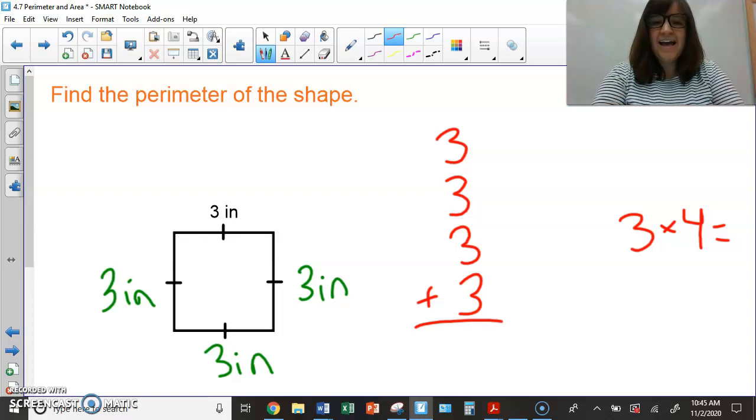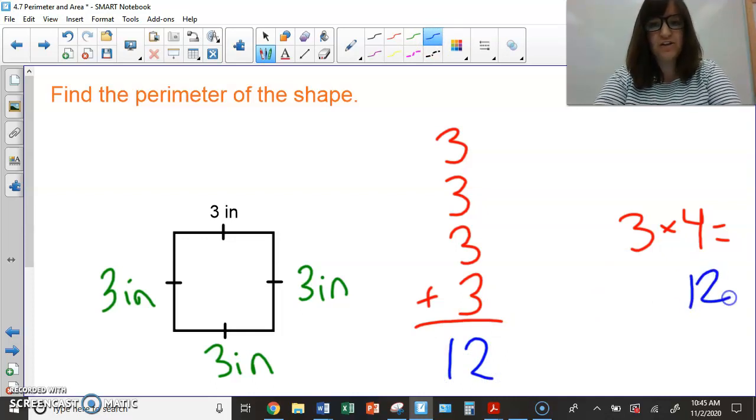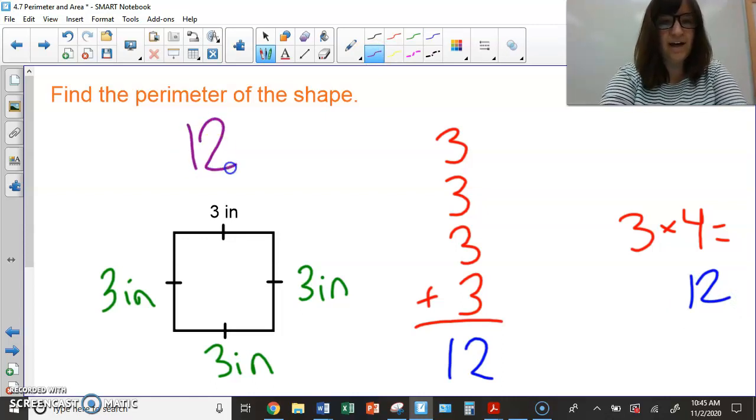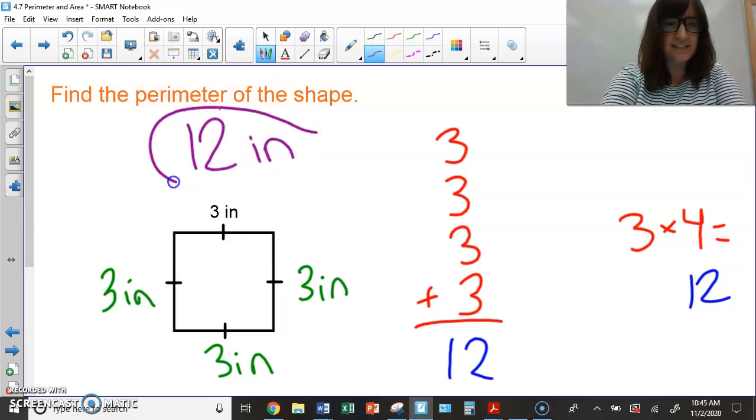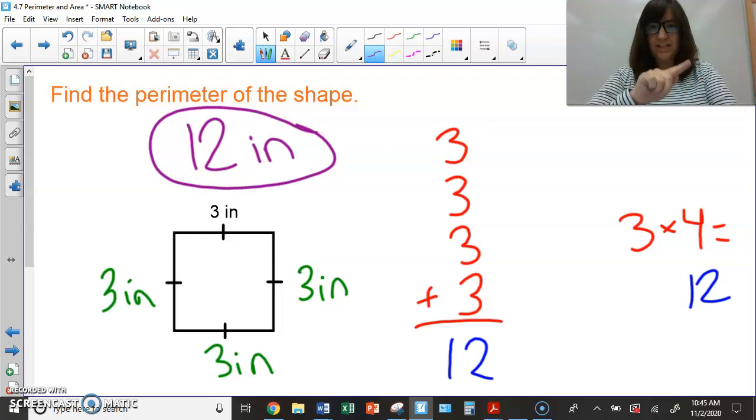But because it's a square and all 4 sides are the same, I can add 3 4 times, which is the same thing as saying 3 times 4. So 3 4 times is the same thing as 12, right? So my final answer is the perimeter is 12 inches. That's the distance around the shape. If I were to take these sides and stretch them out, they would be 12 inches long.